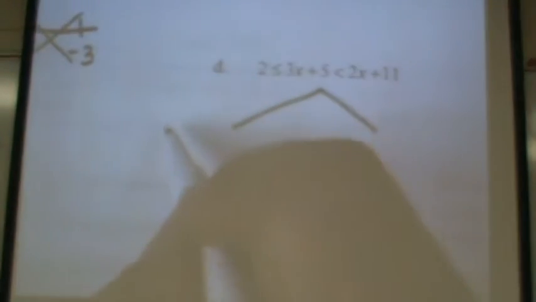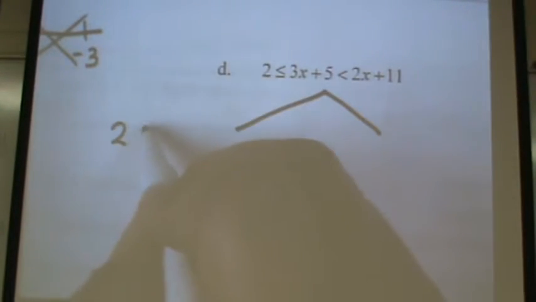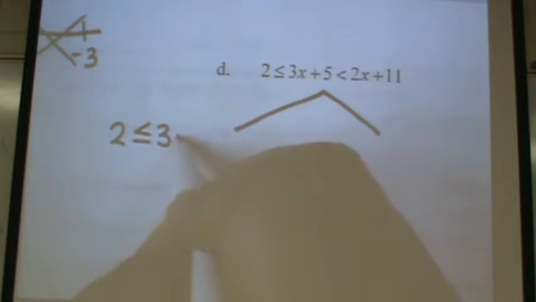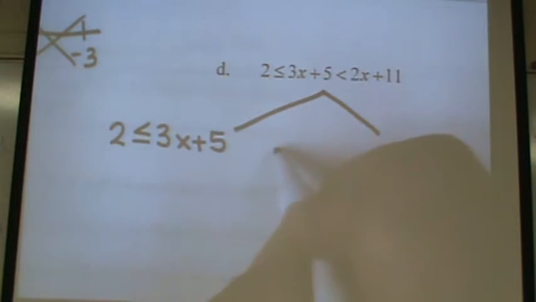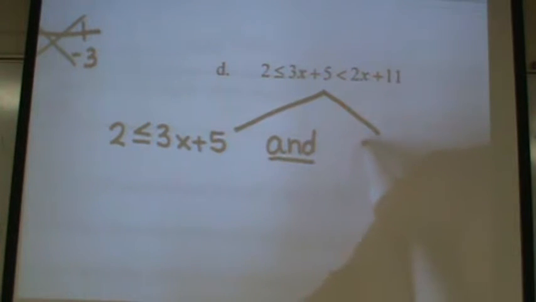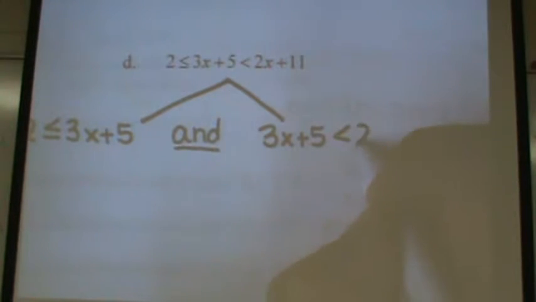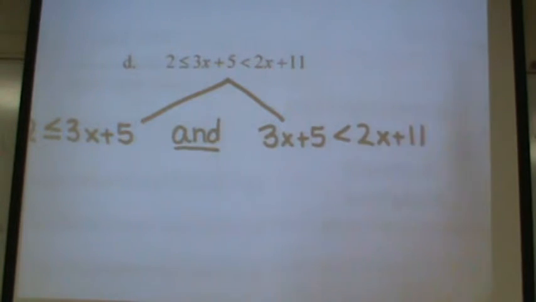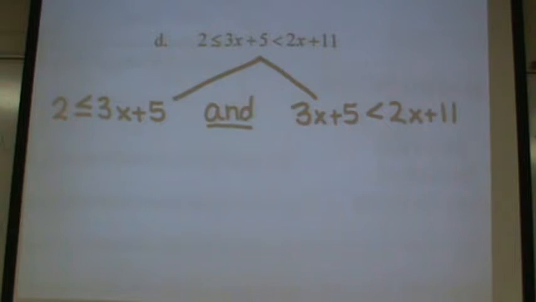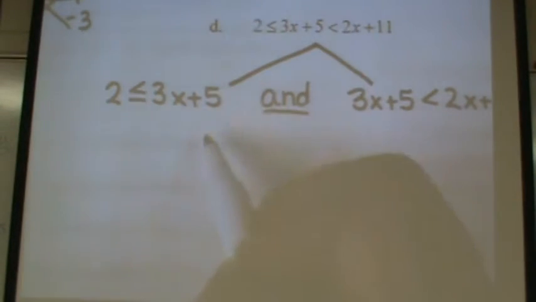So you have, let's do 2 is less than or equal to 3x plus 5, and, the word is and, 3x plus 5 is less than 2x plus 11. Is everyone good? Okay, so on the left side, how do you solve this?